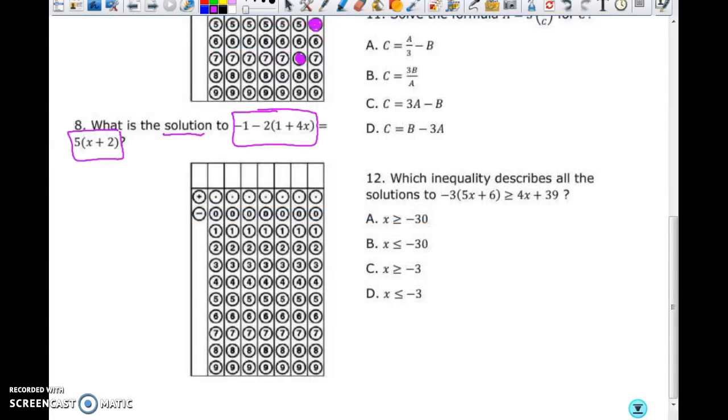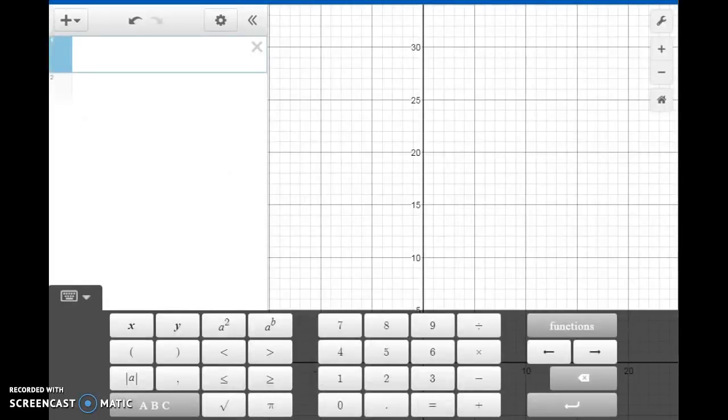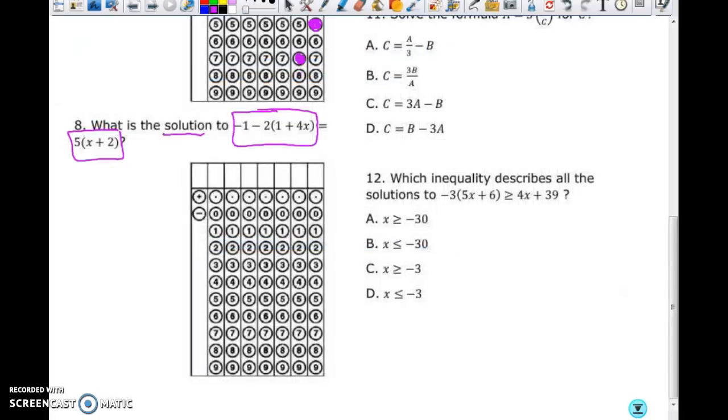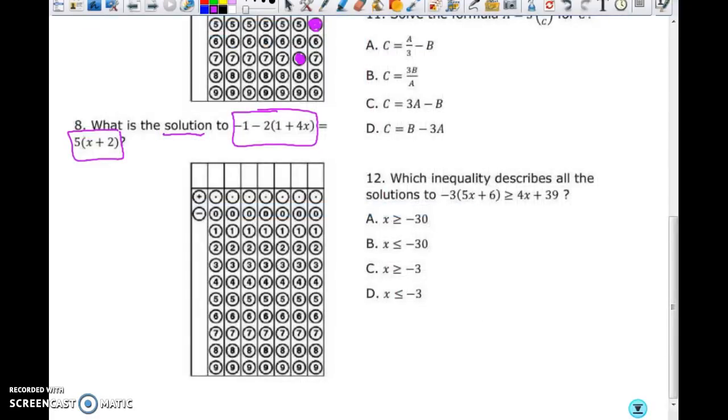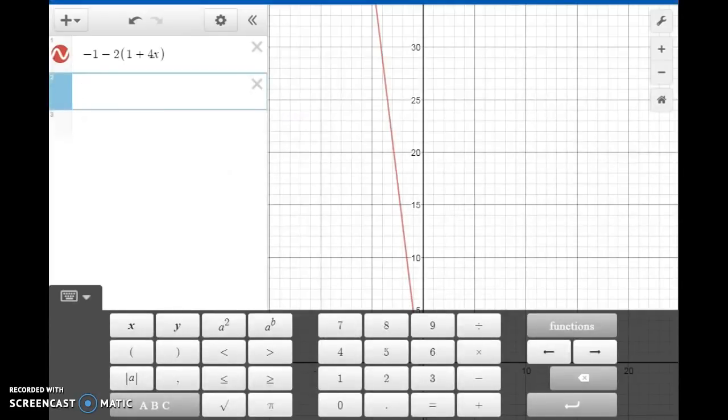So negative 1 minus 2, parentheses, 1 plus 4x. Close it out. The other side is 5, parentheses, x plus 2.